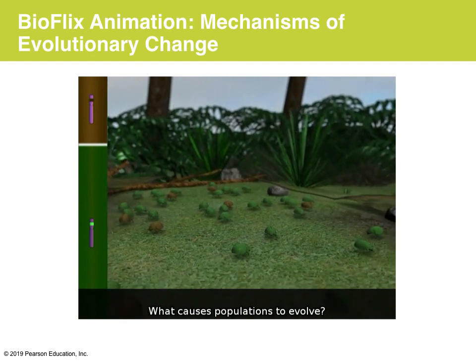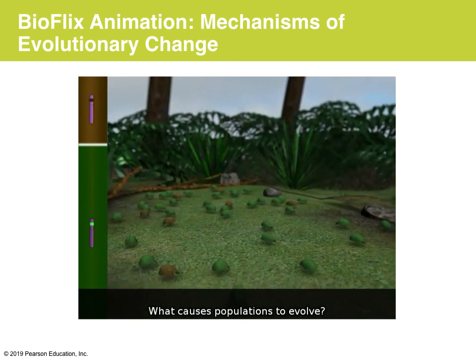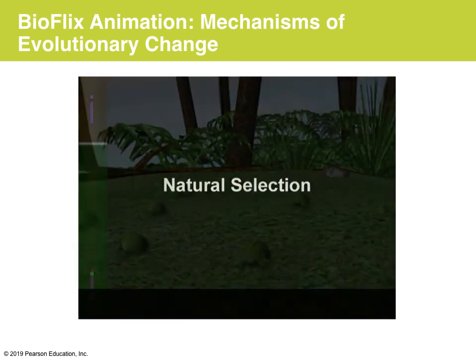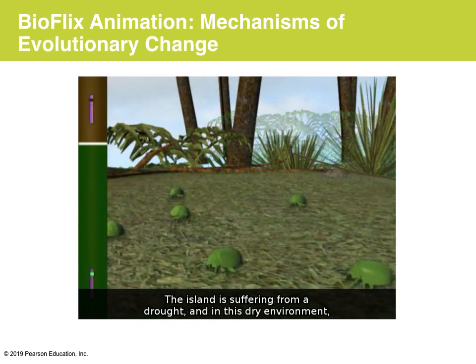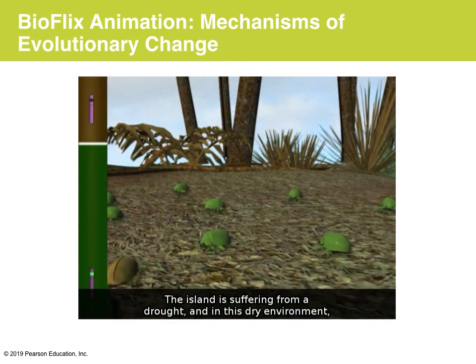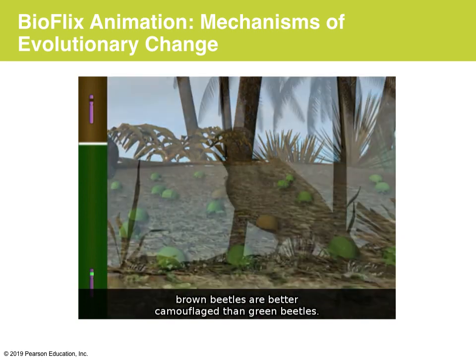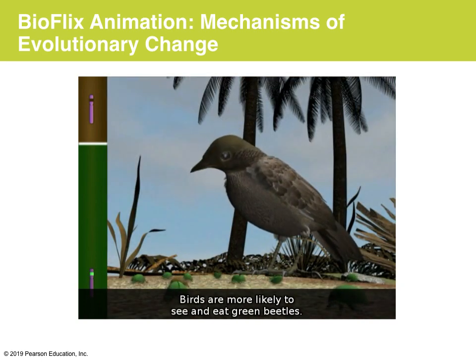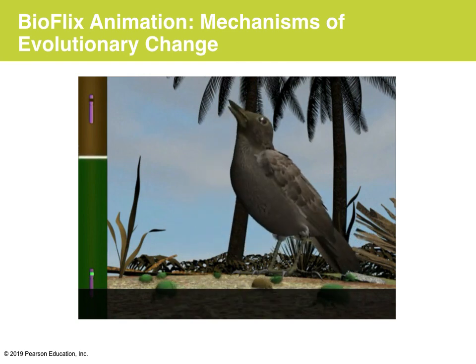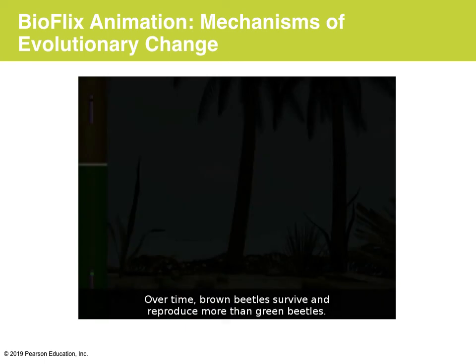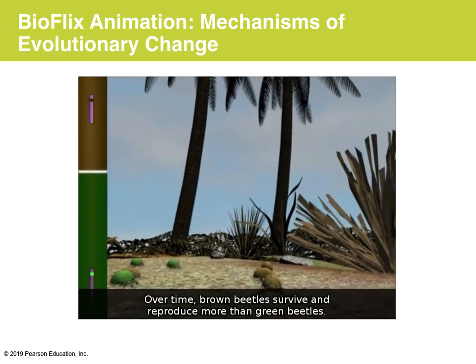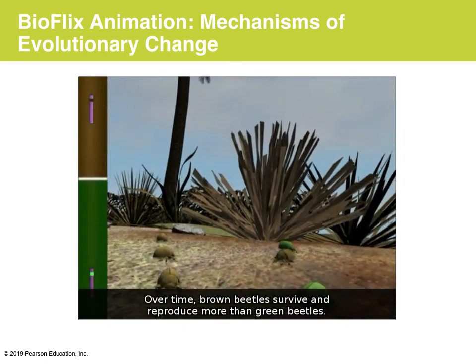What causes populations to evolve? So watch that bar on the left. The island is suffering from a drought, and in this dry environment, brown beetles are better camouflaged than green beetles. Birds are more likely to see and eat green beetles. Over time, brown beetles survive and reproduce more than green beetles.